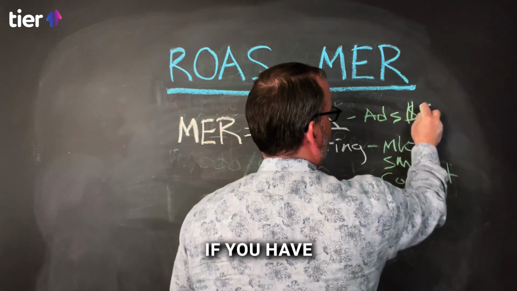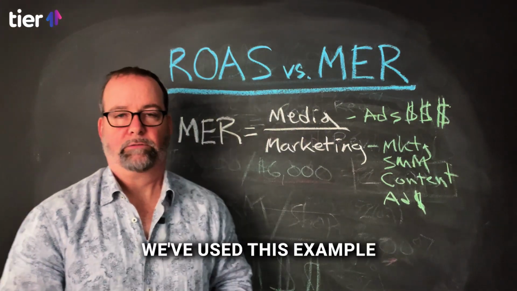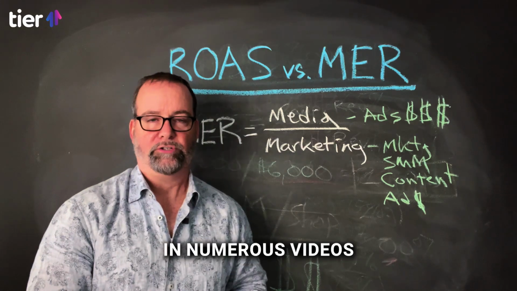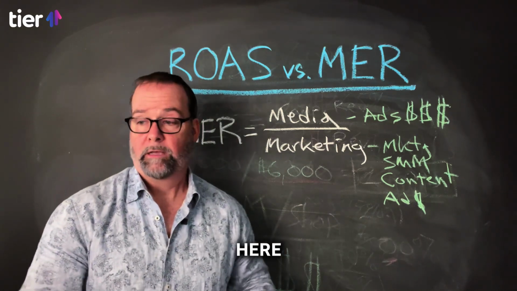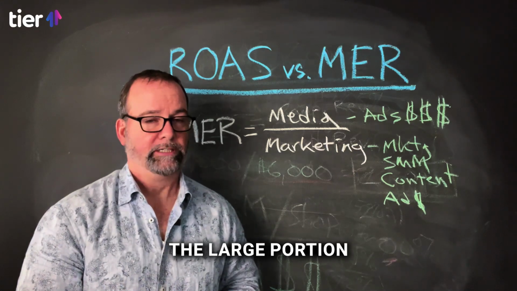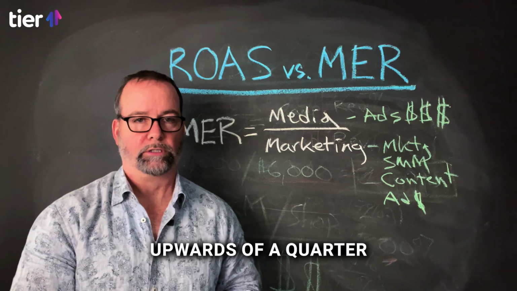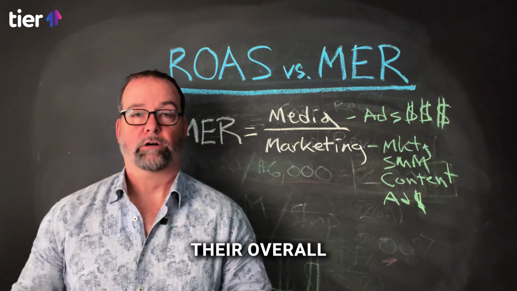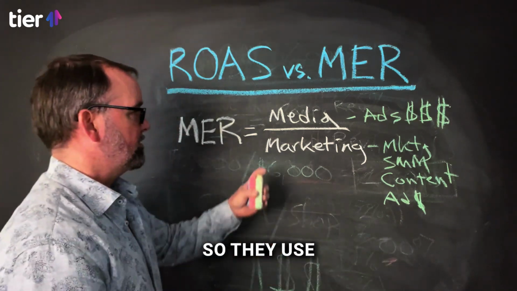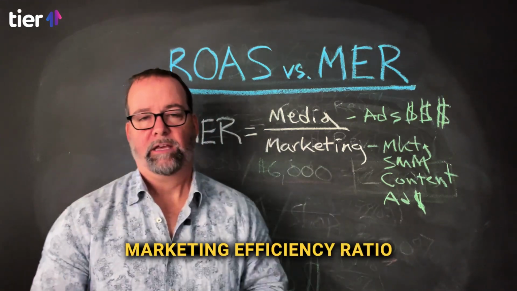Whereas if you have a lot of reliance on advertising, we've used this example in numerous videos in this series here. You have a $10 million client. They spend a large portion of their marketing on paid advertising, upwards of a quarter of their overall revenue. So they use media efficiency ratio as their guiding light as opposed to marketing efficiency ratio.